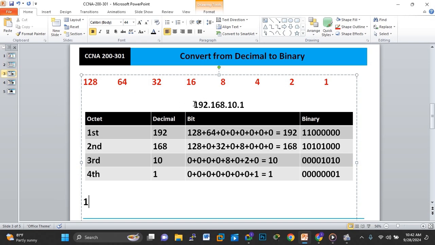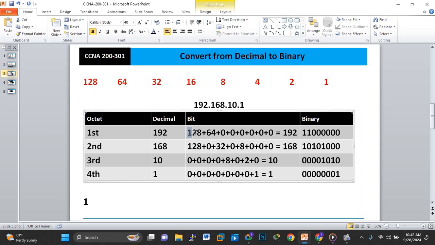So what next? Now we need to add numbers that can give us 192. I need to add bits within these tables that can give me 192. We already have 128 here.